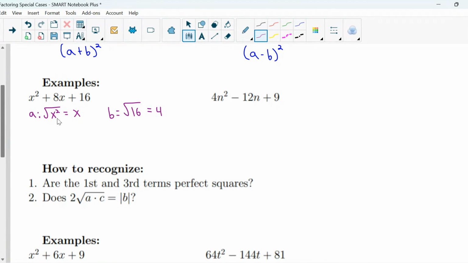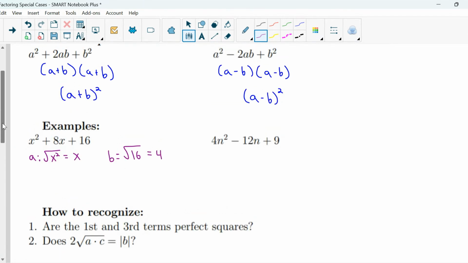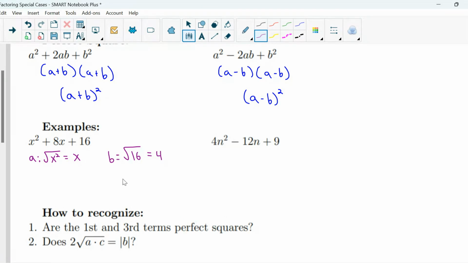So since I am adding my middle term, I know I'm going to use my first formula. So I could rewrite this as a plus b, so x plus 4 times x plus 4, or I could rewrite it as x plus 4 squared.